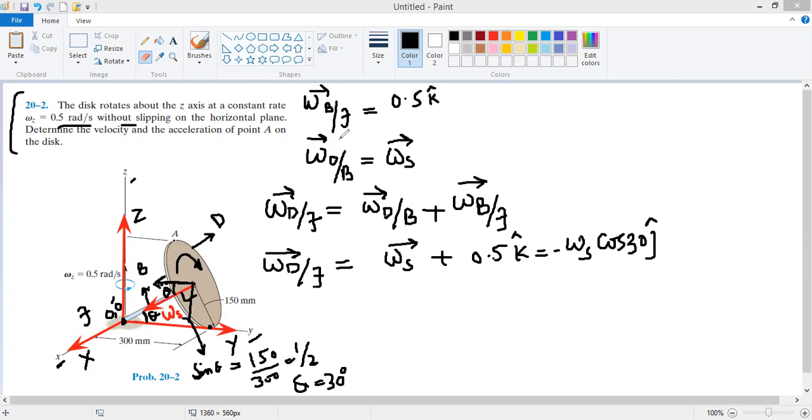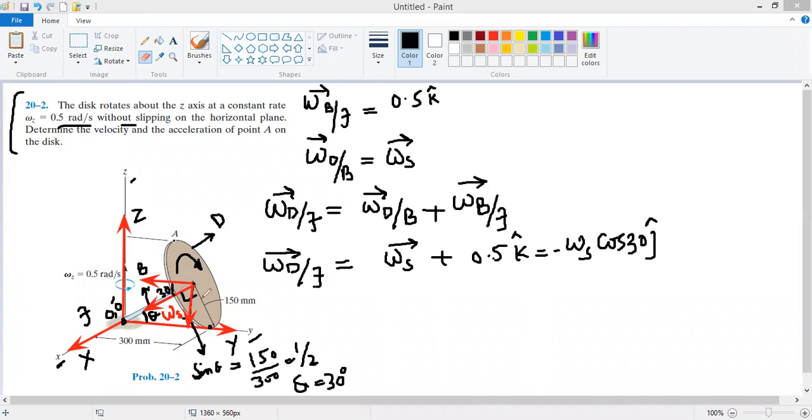This component of ws has two components. Let me draw it cleanly. Its component along the y-axis will be like this, and its component along the z-axis will be like this. This is also a 30 degree angle, being alternate angles.